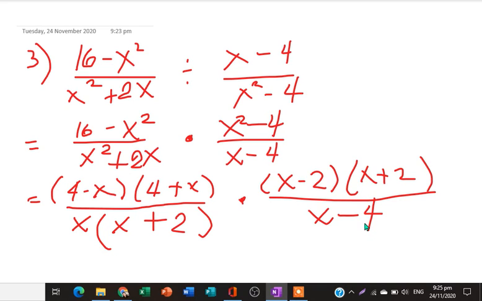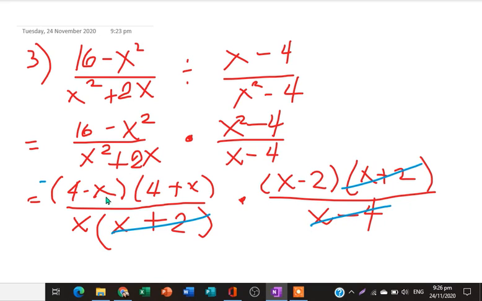So therefore, you're going to cancel x plus 2 times x plus 2. In order to cancel x minus 4, x minus 4 is not the same as 4 minus x. So to make this positive x, you're going to multiply this by negative 1. So we have negative times negative, this now becomes positive. Negative times positive is negative.